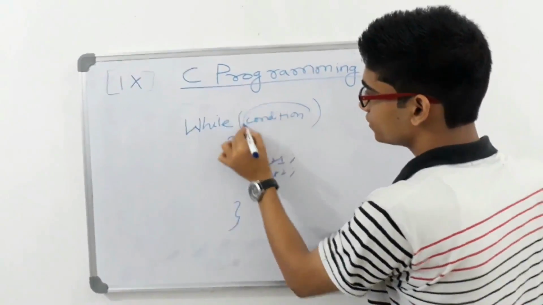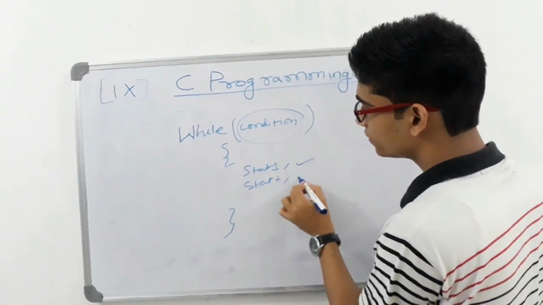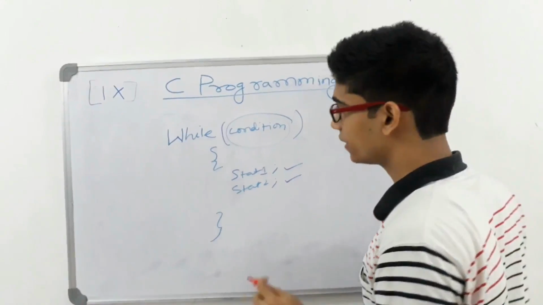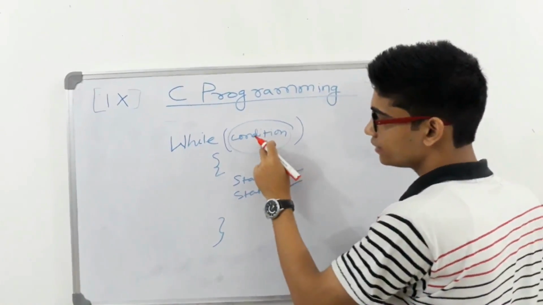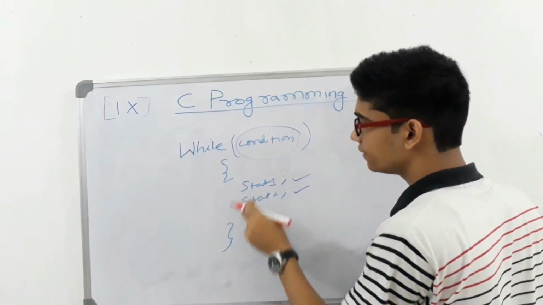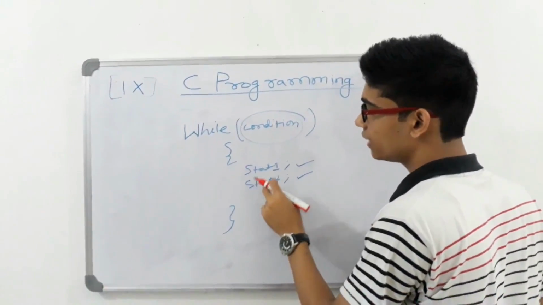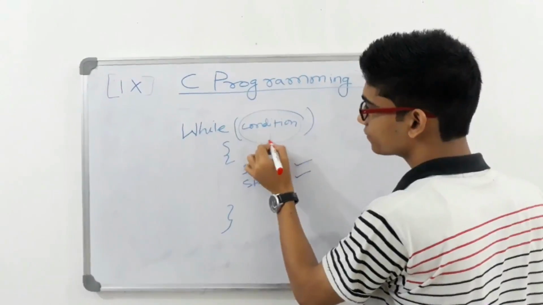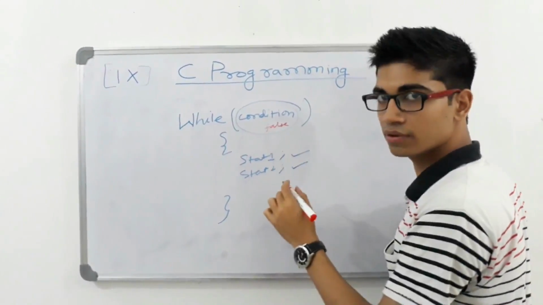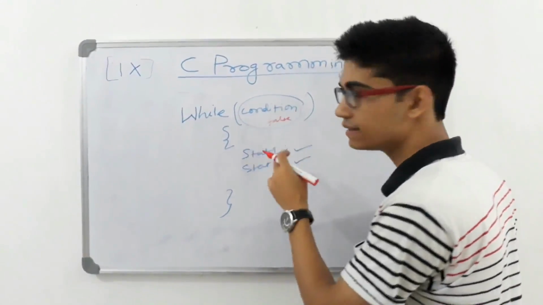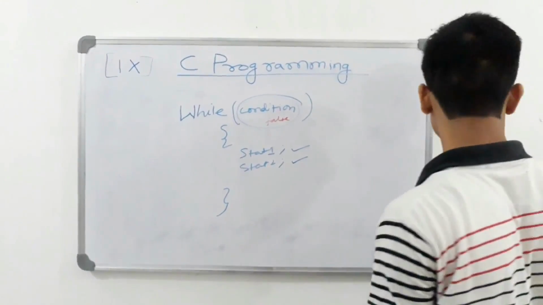Till this condition is true, these statements are going to be executed. So the condition is true, this will execute, again this will execute, again this will execute, until this condition becomes false. We will realize this through a simple example.